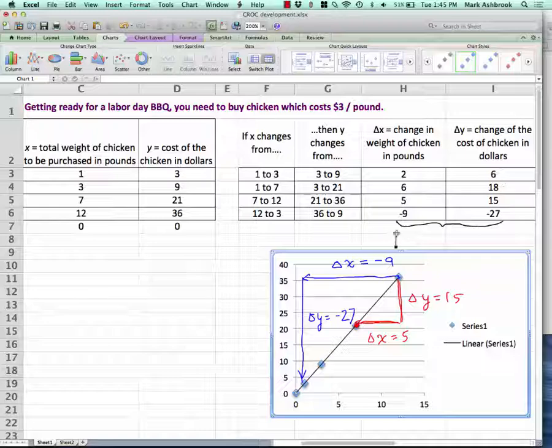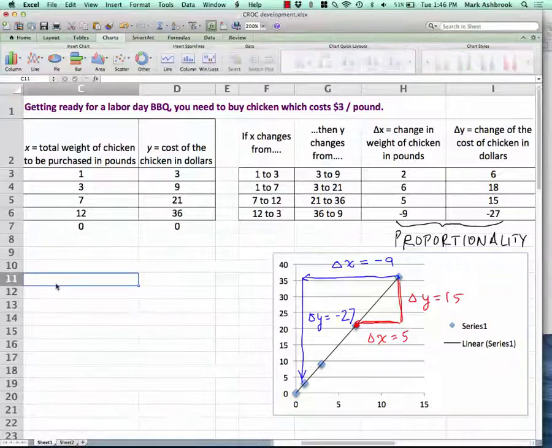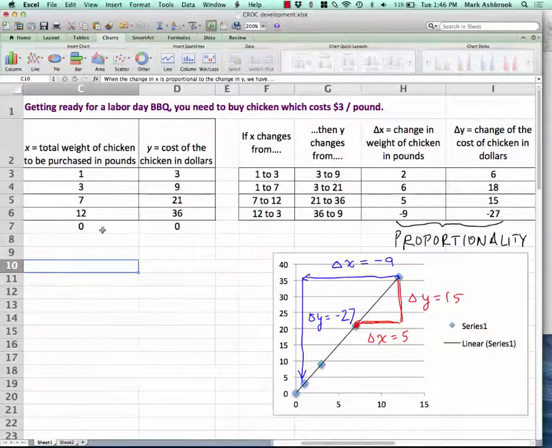It starts with P. Proportionality, right? We have proportionality in the changes. When you have proportionality in the changes of two quantities, that's equivalent to saying that you have what? Anybody know? Constant rate of change. Right. So let's show this here.